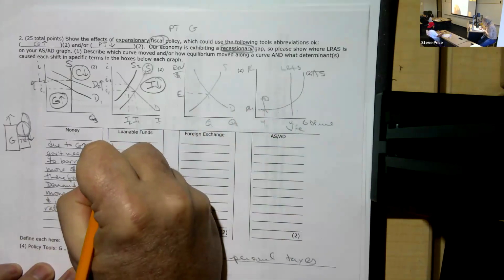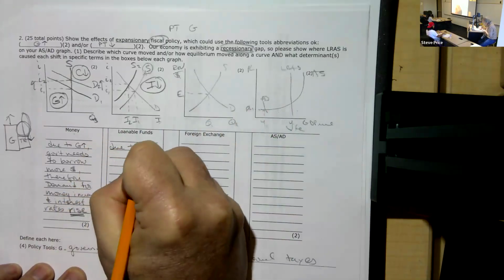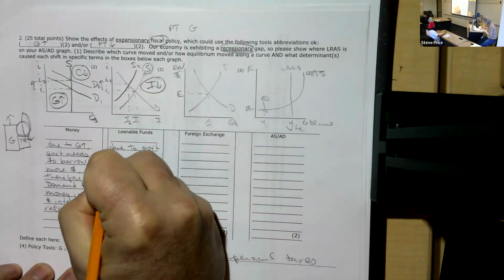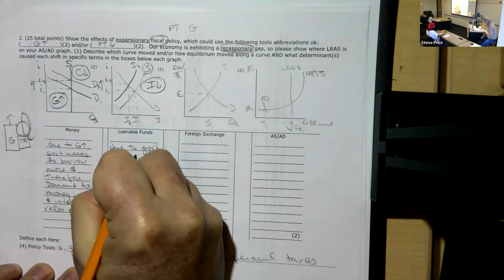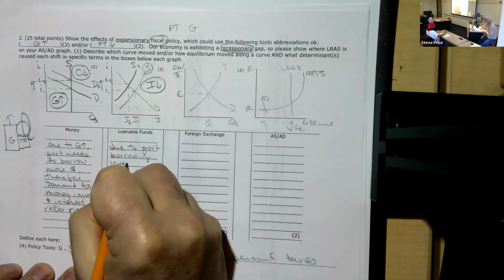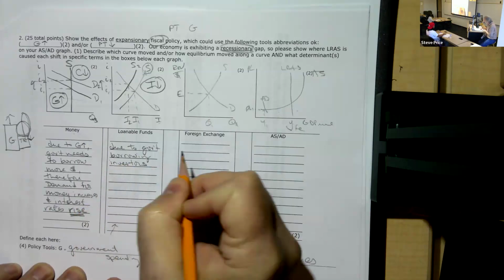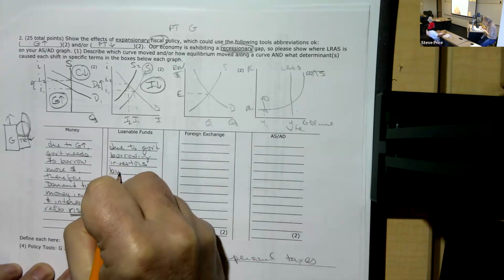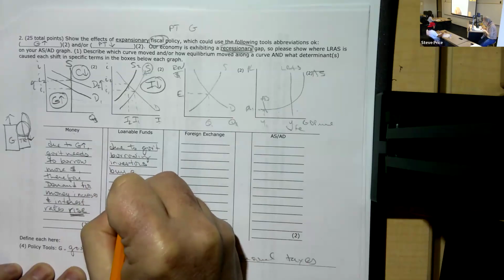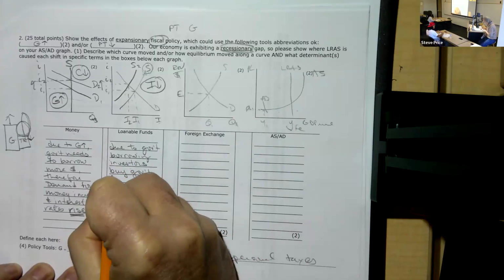So due to government borrowing, investors buy government debt, decrease in supply available to business.